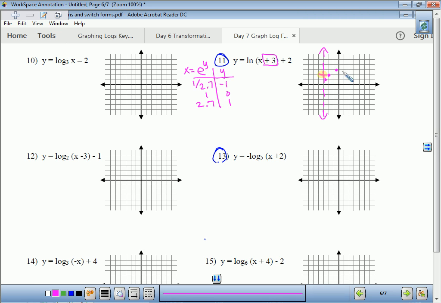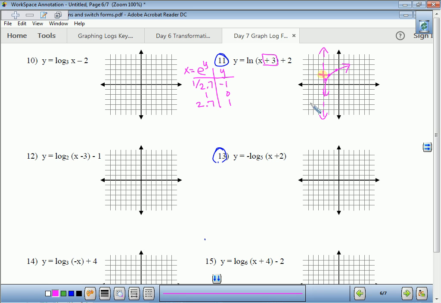Oh, I messed up. So from here, I went over 1, 2, and a sum, and up 1, 2.7. Okay? And then I can sketch in my little curve. Why can't they be easier numbers? E's weird like that. But e is so helpful, it's crazy how many things e can do.